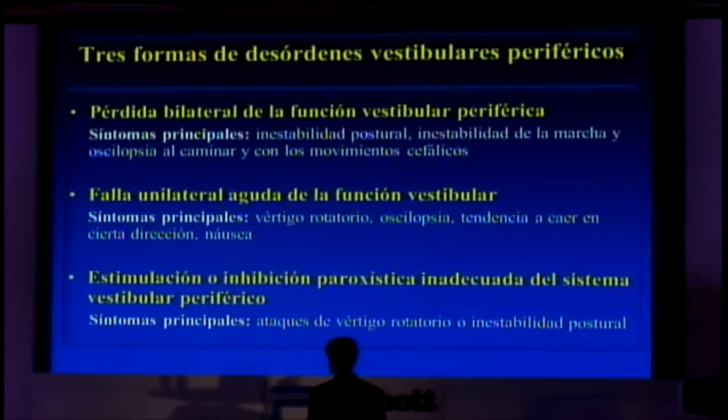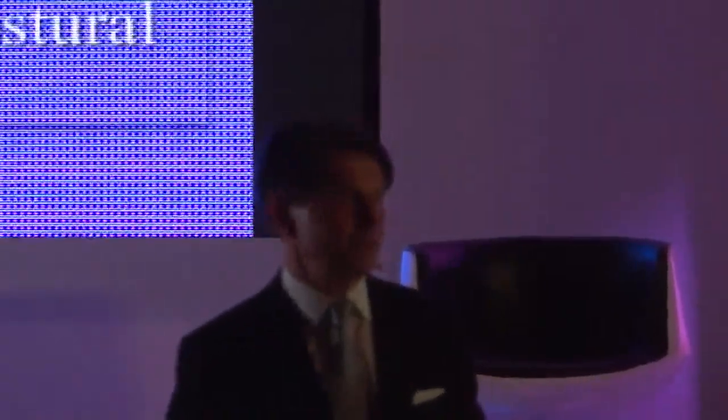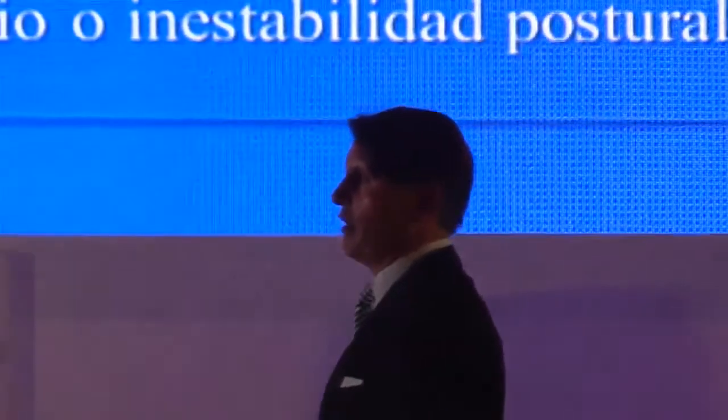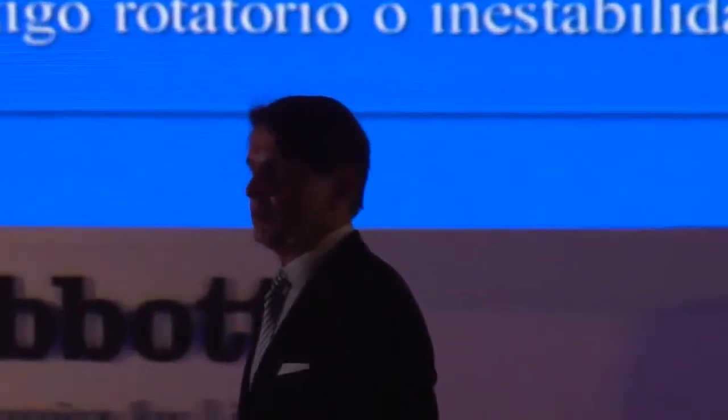So there are patients who have a bilateral vestibulopathy. These are the patients who do not have any symptoms while sitting or lying down, because then you don't need your vestibular system. But when they get up, they feel dizzy, and the symptoms typically become worse in darkness and on uneven ground.